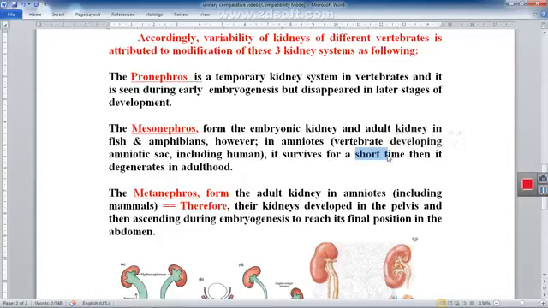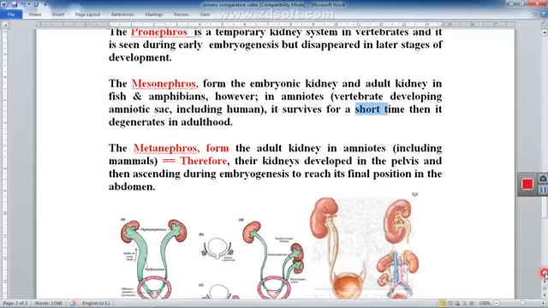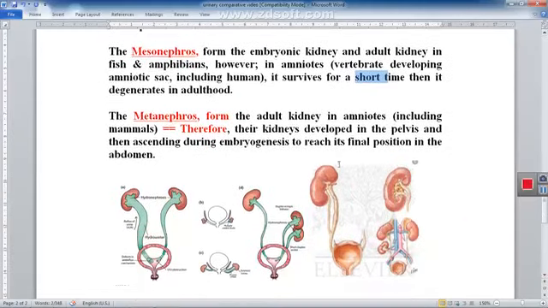It develops for a short time and then it disappears in adulthood. Therefore, in amniotes, including mammals and humans, the kidney is derived from the metanephros, the last kidney system that is located in the lower lumbar region and sacral region.